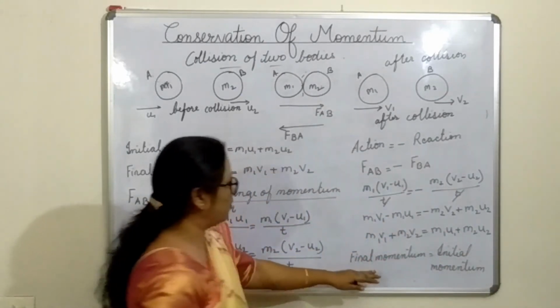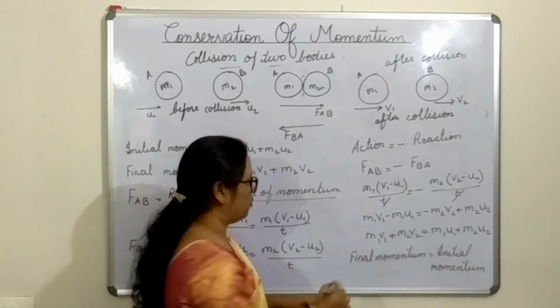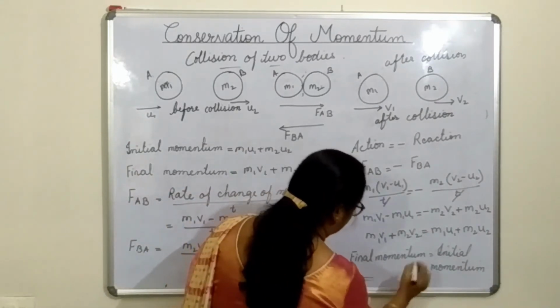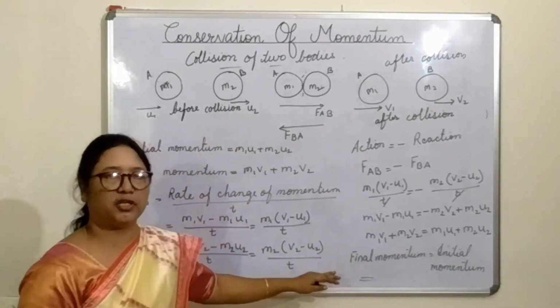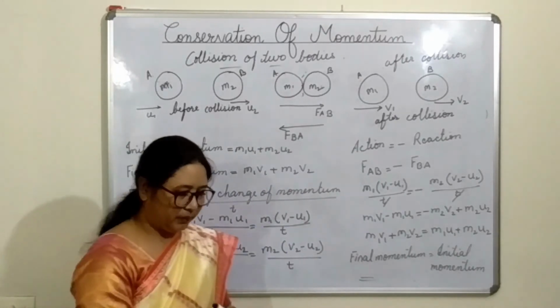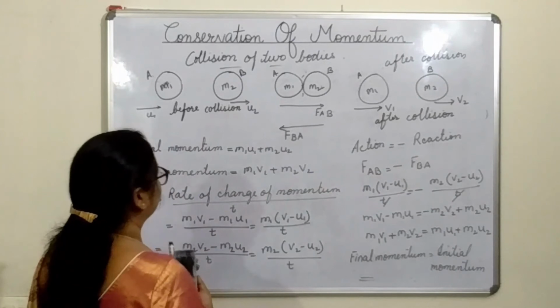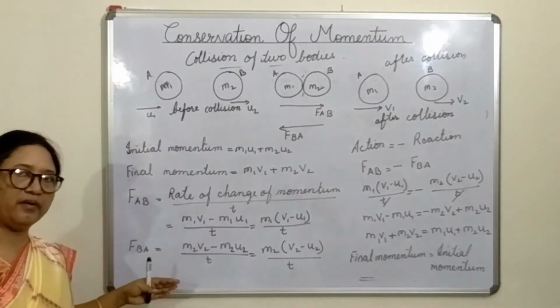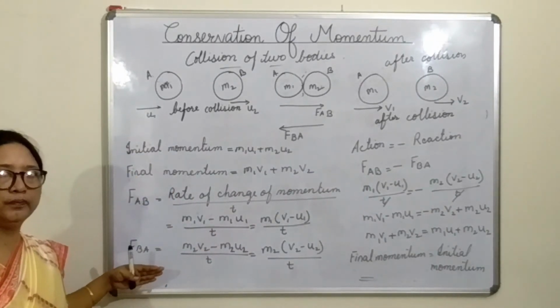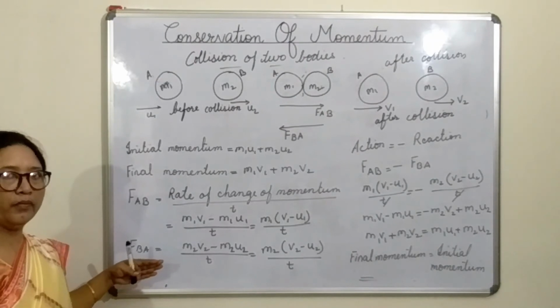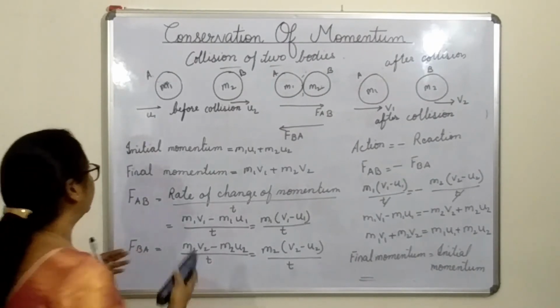Is it clear? Final momentum is equal to initial momentum means this is the law of conservation of momentum. I hope this is clear to you. We'll see one more point here.